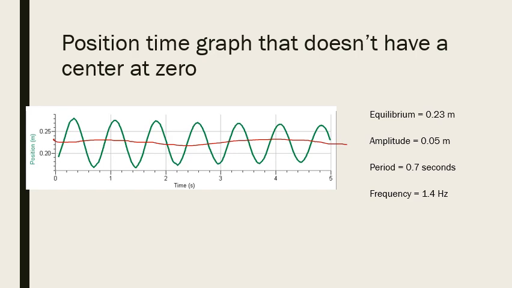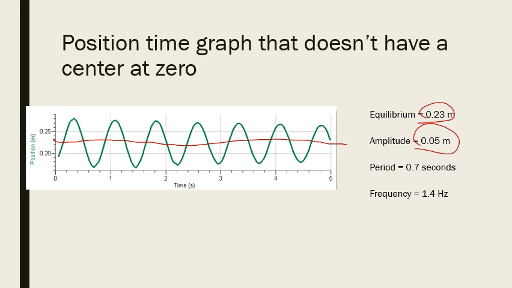And if you track that, you get an equilibrium point of 0.23 because it's just below that part there. If I measure the distance, this is at 0.28. So from 0.28 to 0.23 gives me 0.05 meters.